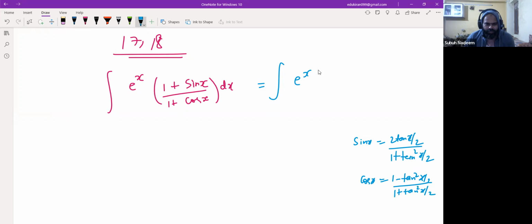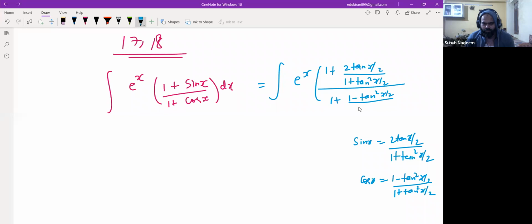So what you get is 1 plus 2 tan x by 2 by 1 plus tan square x by 2, by 1 plus 1 minus tan square x by 2 by 1 plus tan square x by 2, dx.